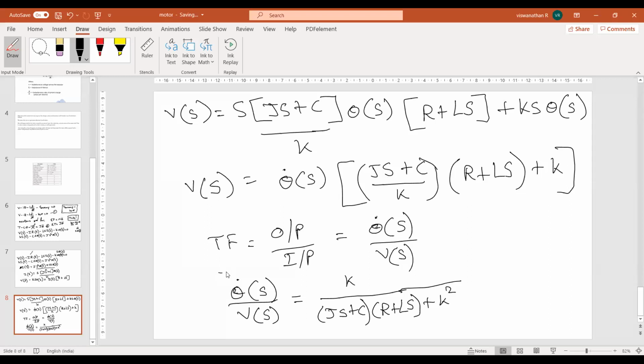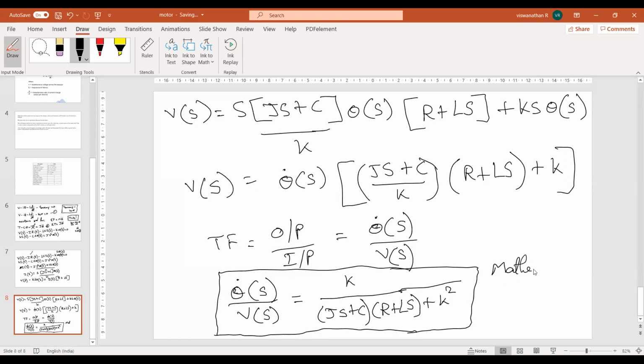So this is the transfer function for the DC motor that we saw. Okay, so this is the mathematical model of the DC motor.